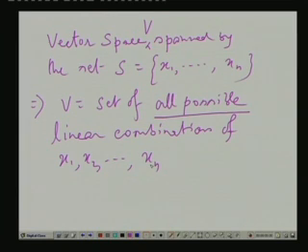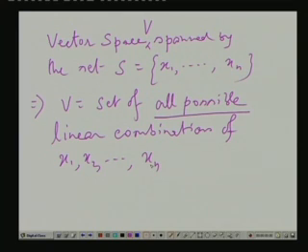That is, if you take the elements x1, x2, dot dot dot, xn, any typical linear combination is C1 x1 plus C2 x2 plus dot dot dot Cn xn. Now you have infinite choice for C1, infinite choice for C2, dot dot dot, infinite choice for Cn. So basically you can look for infinite ways of linearly combining them, but if you collect all such infinite varieties of linear combinations to form a set, that is called a vector space V.